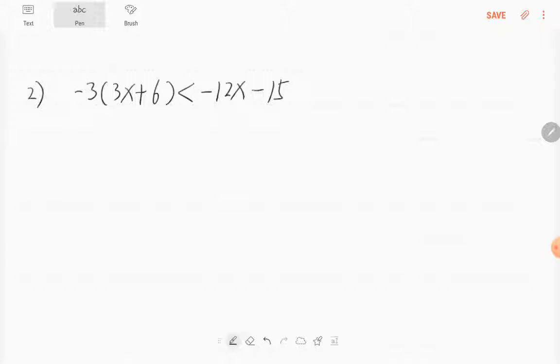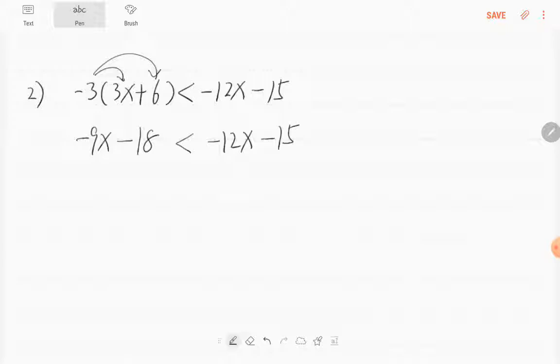Okay, so the first thing is we need to get rid of the parentheses. So we distribute -3 for this term and for this term, right? So you multiply out, you will have -9x minus 18 less than -12x minus 15. Okay, then we want to isolate x. In other words, we want to put the x term on one side and the constant term on the other side.